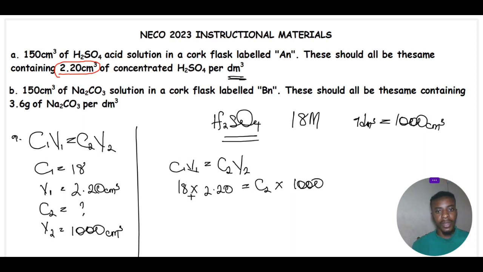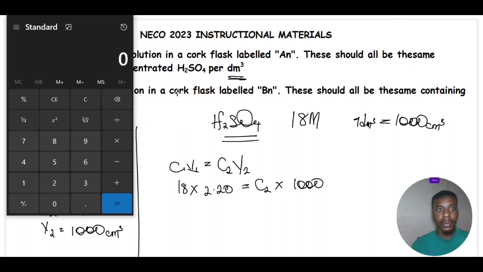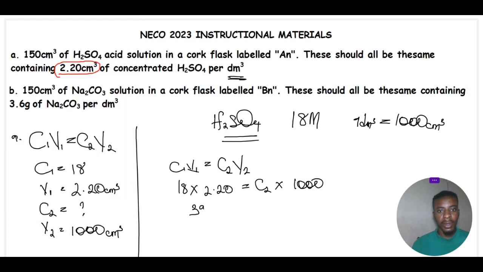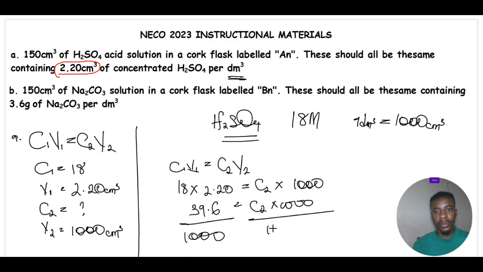So now we have 18 times 2.20, which gives 39.6 equal to C2 times 1000.